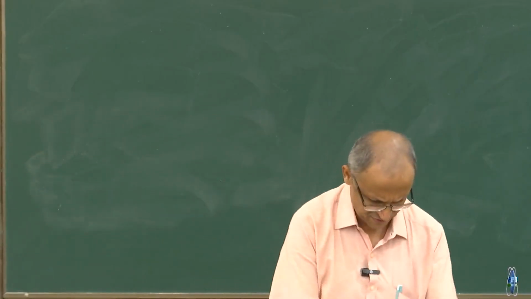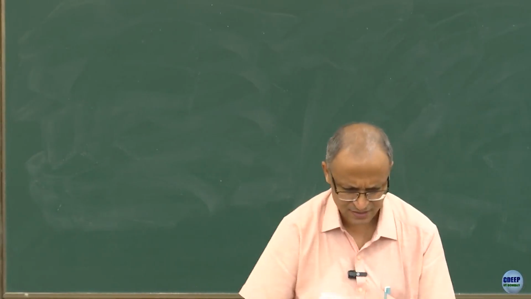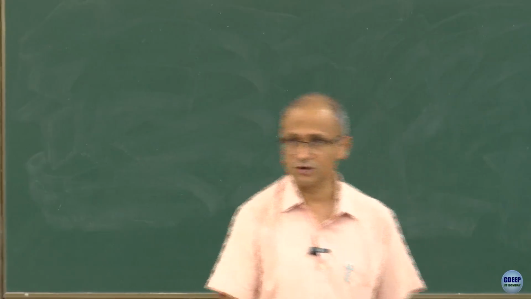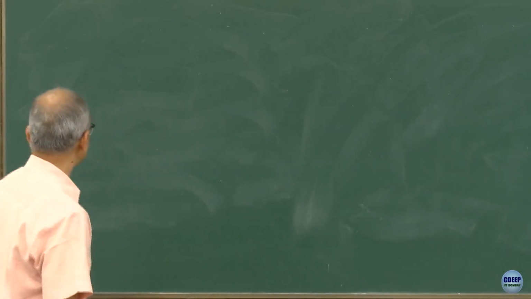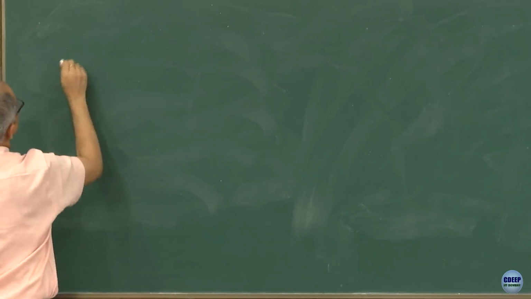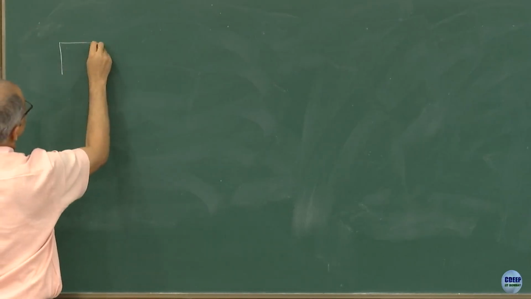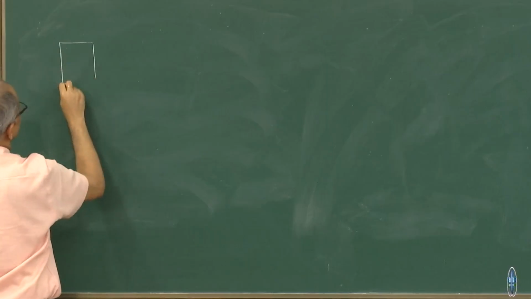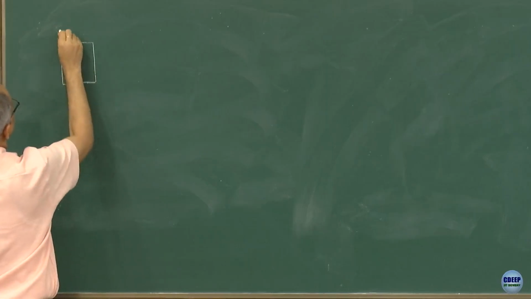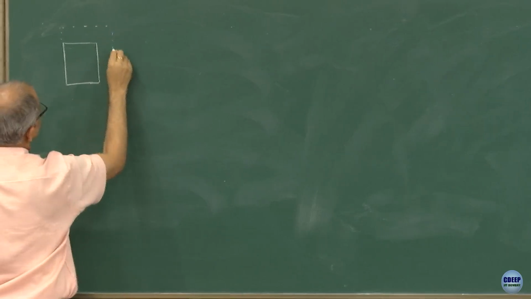The physical picture is that if I look at any element, how can it deform? If I look at deformation of a fluid element, it can essentially do four things. I can take this element and it deforms like this, it becomes bigger.